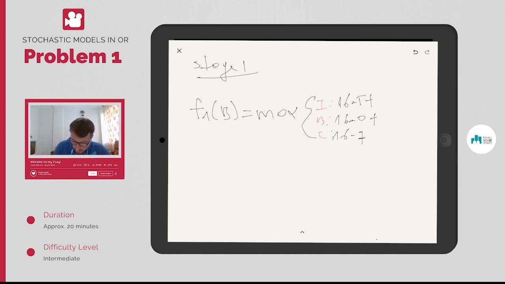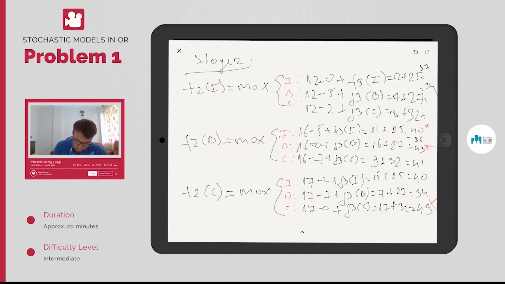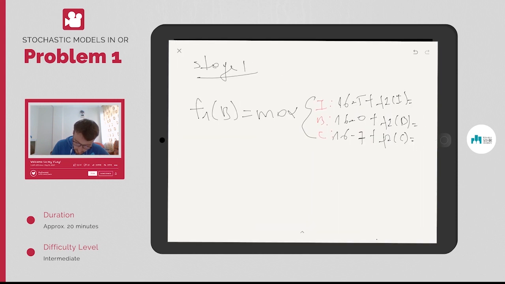And if I decide to go to Indiana, then I go to F2I. If I go to Bloomington, I go to F2B, or if I go to Chicago, go to F2C. So this is 11. F2I is 40, so that's 51.